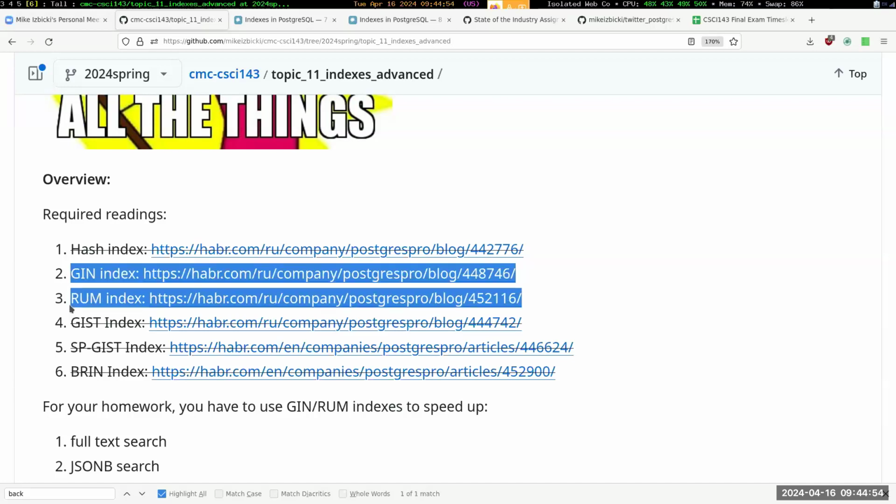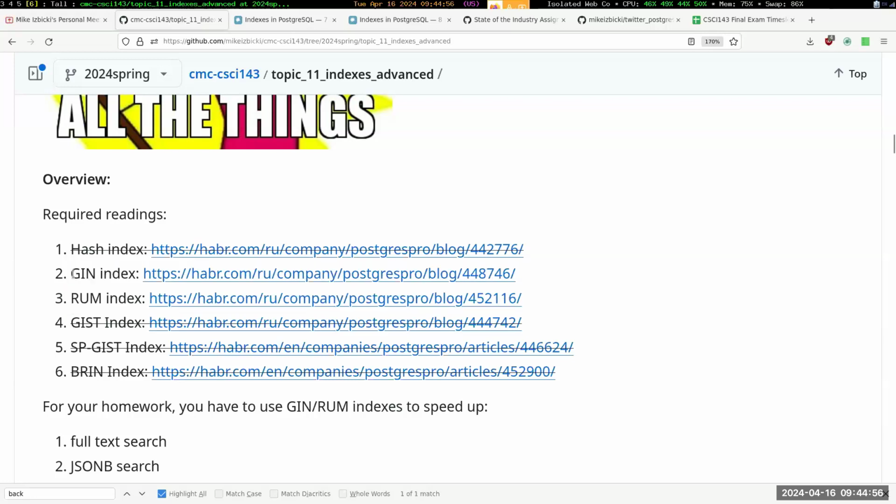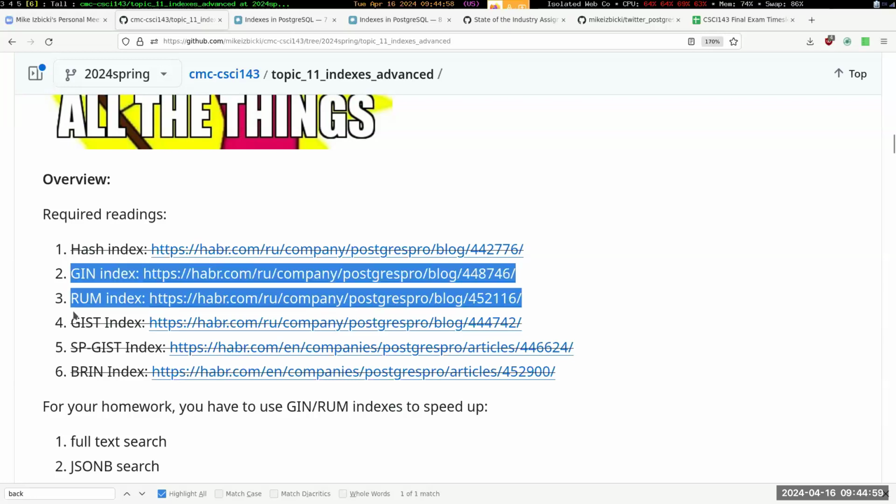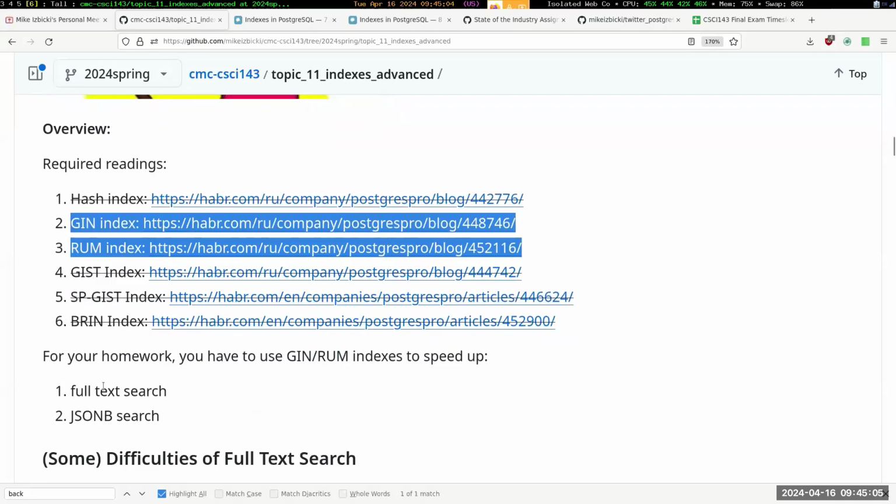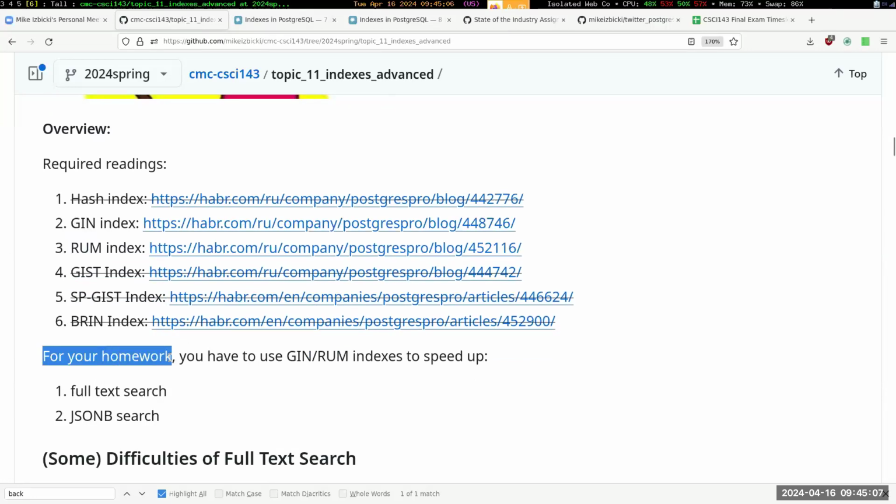It seems like people are extra busy with graduating and things, so I figured we can cut down to just the minimum amount that we absolutely have to know. For your indexes homework assignment, you'll have to use the GIN and RUM indexes to speed up some of those queries.